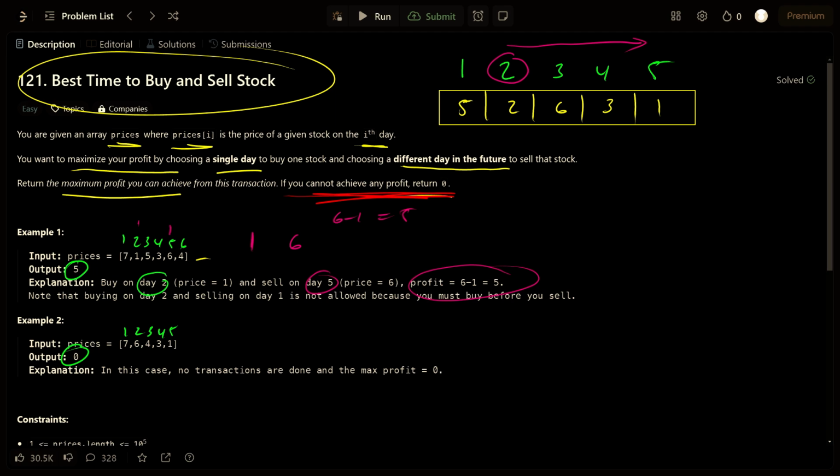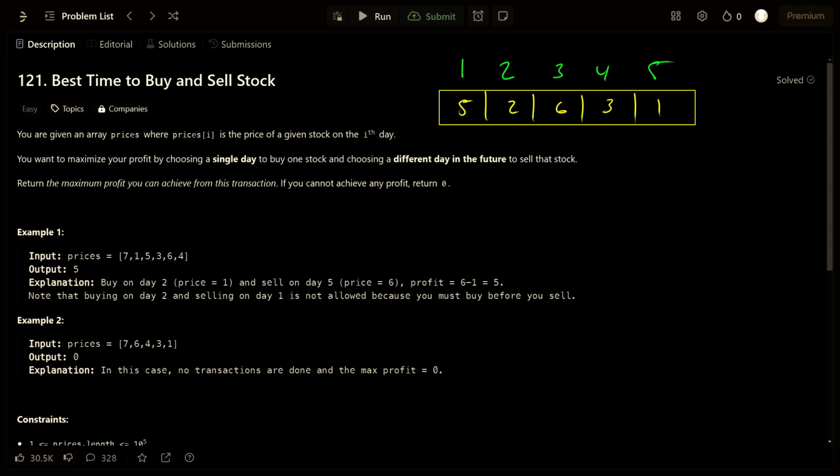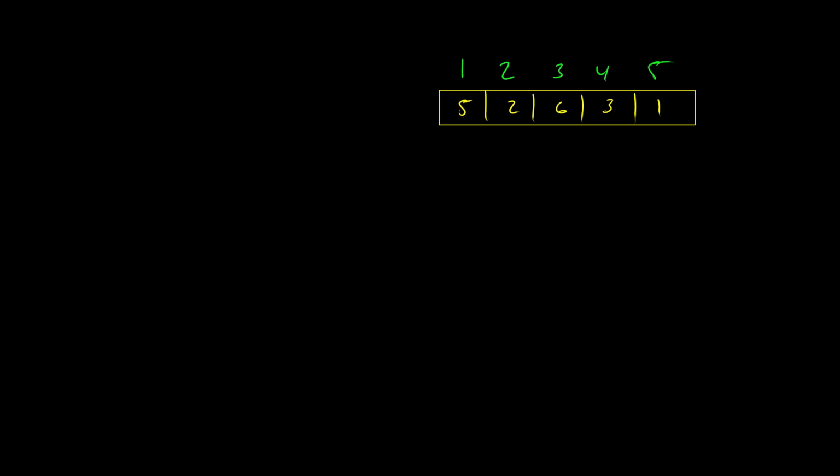So I'm going to go ahead and erase this. I'm going to go ahead and erase the background. The algorithm that I will use to solve this problem is a simple one-pass approach. At the beginning, I will initialize 2 variables. I'll call them current lowest price, and I'll set that to positive infinity.